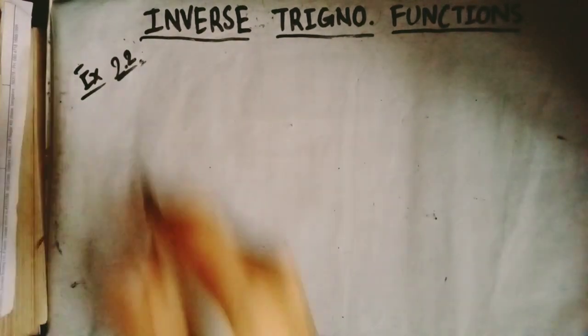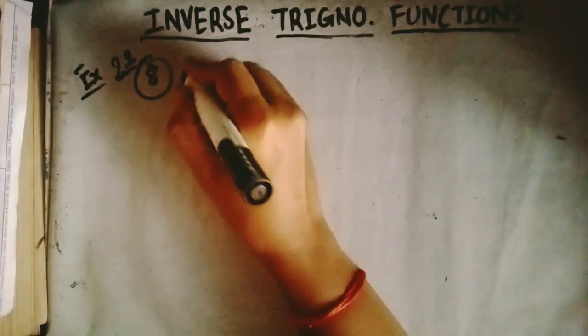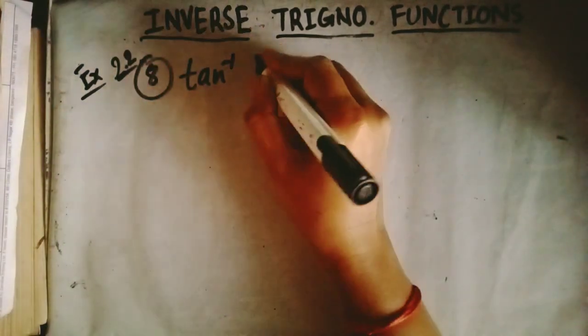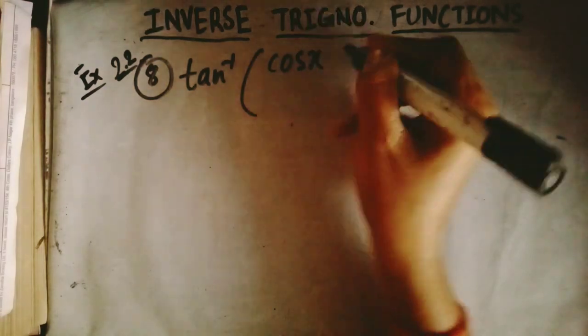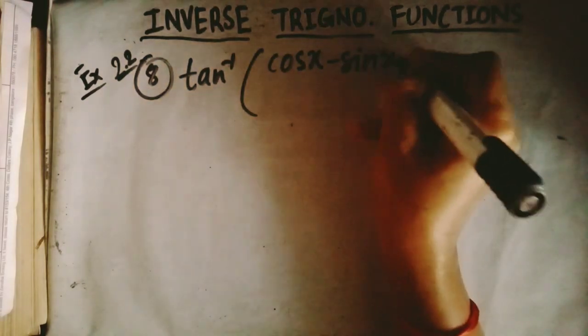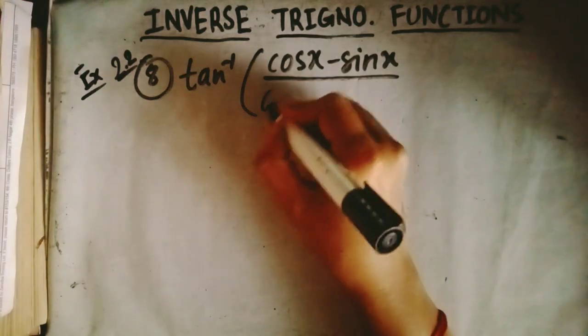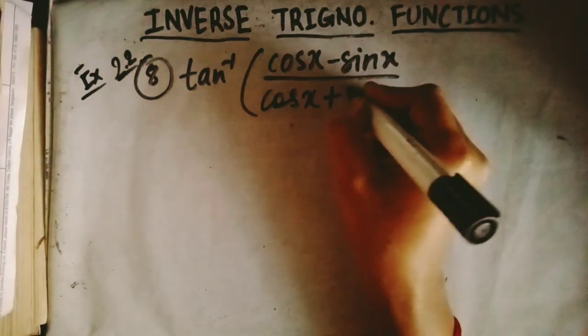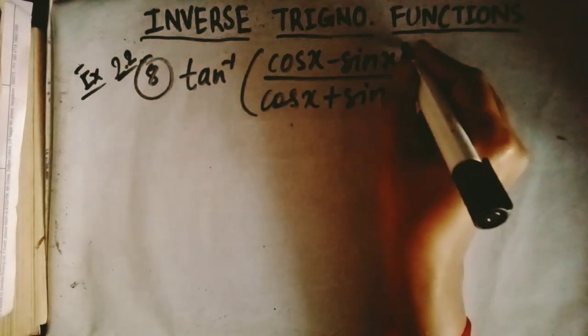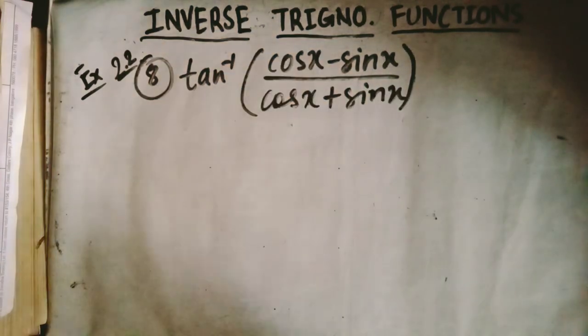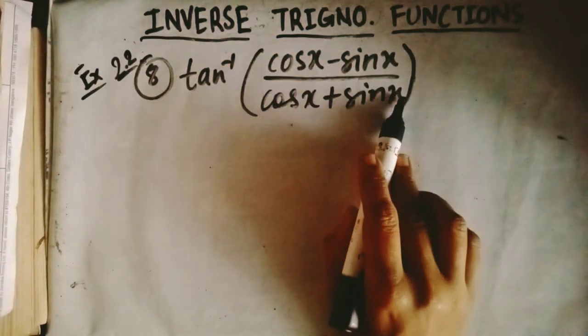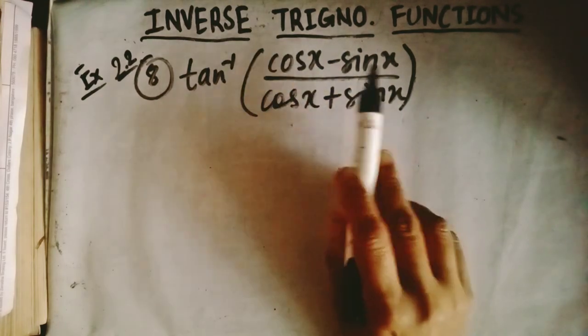So for question 8, it is given tan inverse of (cos x minus sin x) upon (cos x plus sin x). If you have solved trigonometric identities last year, you will easily understand what to substitute here. So what to do here?